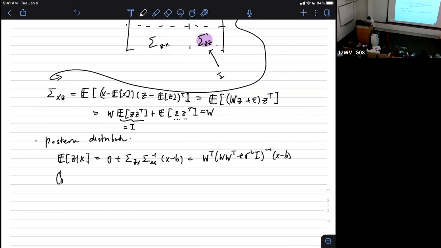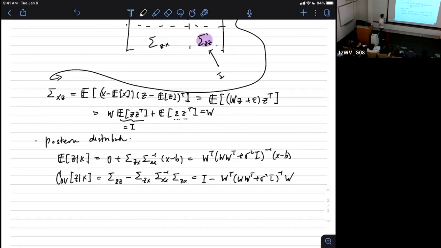Now the covariance is going to be sigma_zz minus sigma_zx sigma_xx inverse sigma_xz, and that's going to be identity minus W transpose (W W transpose plus sigma squared I) inverse W.